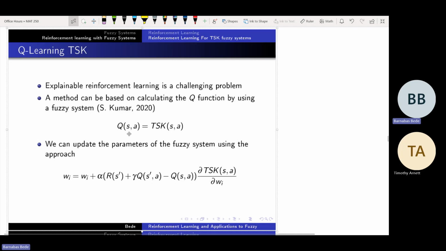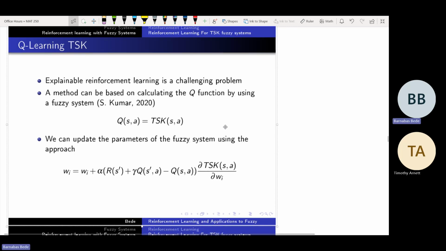So our big idea was to approximate the Q function with the output of the Takagi-Sugeno-Kang system on a state S and given an action A. So Q of S,A is basically the output of the Takagi-Sugeno system.